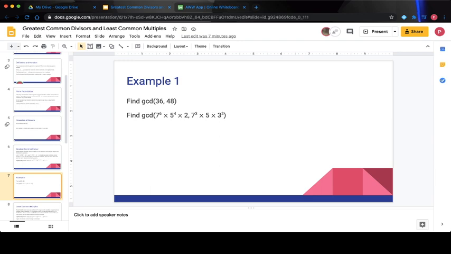Okay, now for the second problem, we're asked to find the greatest common divisor of 7 to the power of 6 times 5 to the power of 4 times 2, and 7 to the power of 3 times 5 times 3 squared. If you have any thoughts, just type it in the chat.